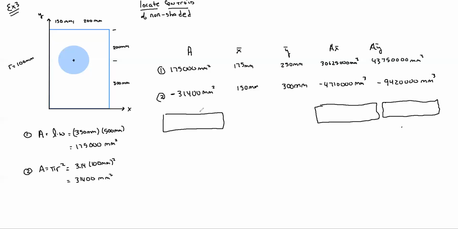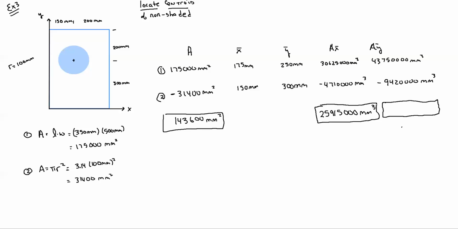175,000 minus 31,400 gives 143,600 square millimeters. Then 30,625,000 minus 4,710,000 gives 25,915,000 cubic millimeters.